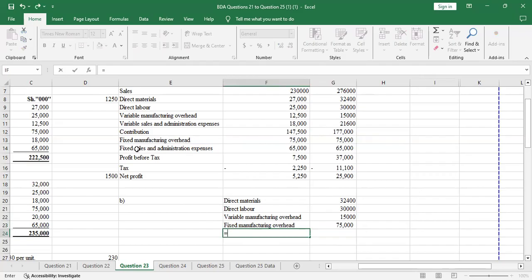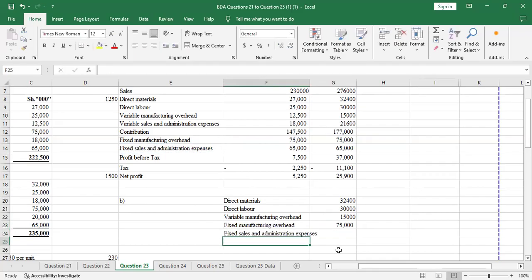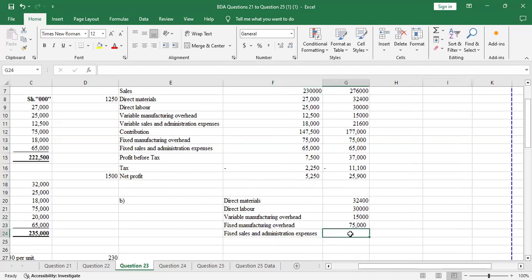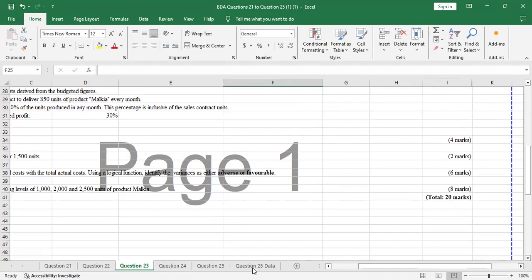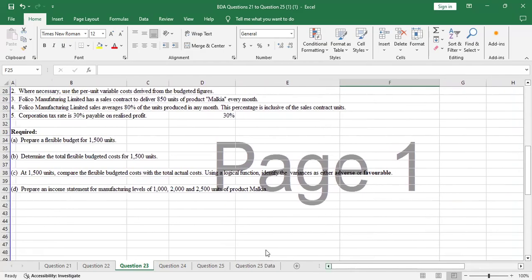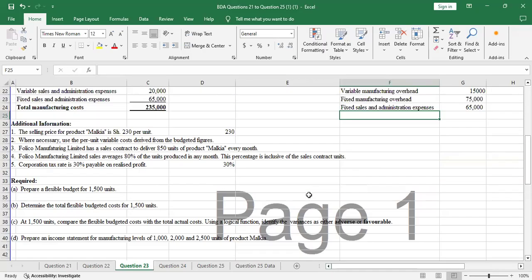Then we have also fixed sales and administration expenses. We'll have 65,000. So the sum of all this will give us the total flexible budgeted cost for the 1,500 units.